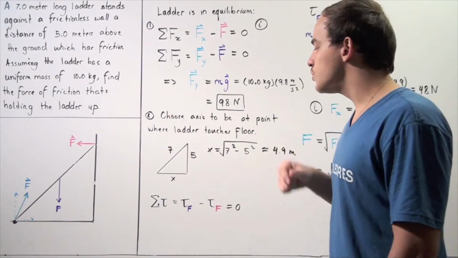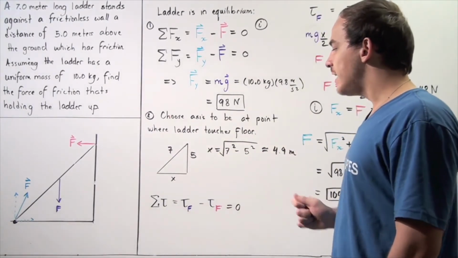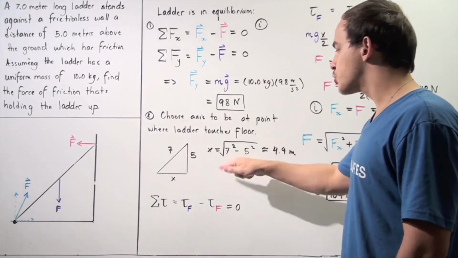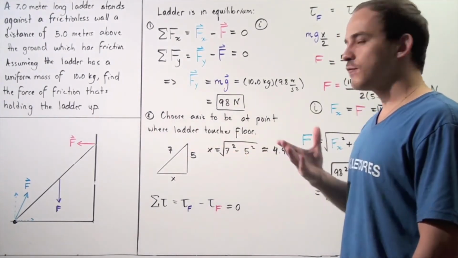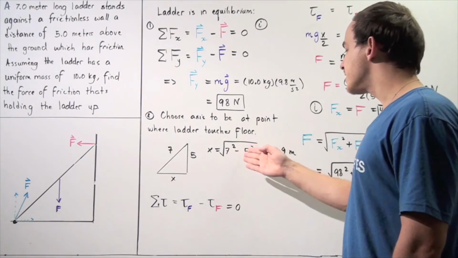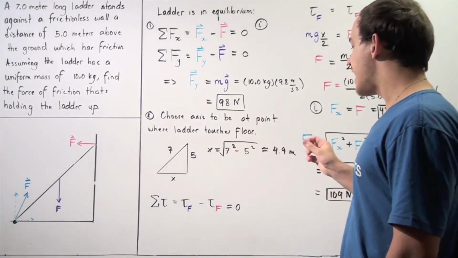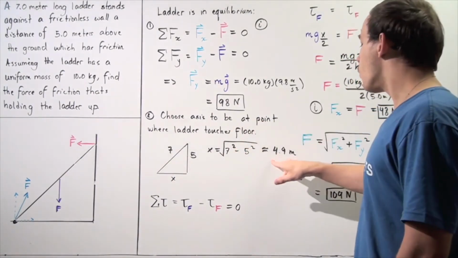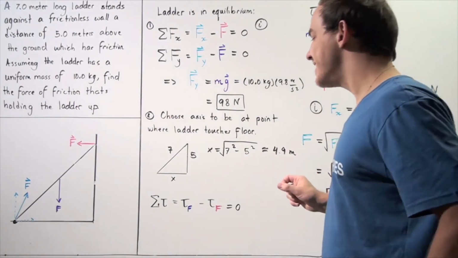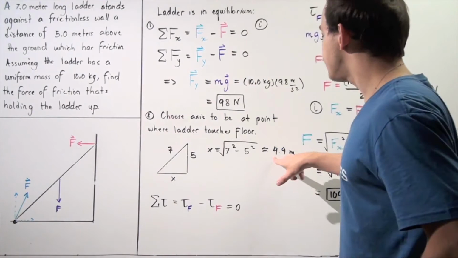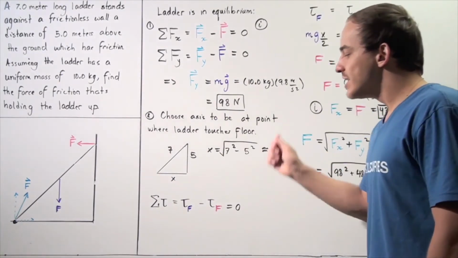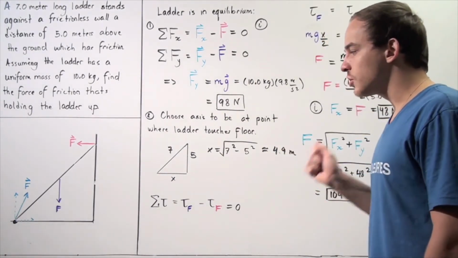So we simply use our Pythagorean theorem, and we get x is equal to the square root of the difference of the squares. So 7 squared is 49. So 49 minus 25, we take the square root and we get approximately 4.9 meters is the distance of this base. So x, which is the base, is 4.9 meters. So now let's take our torque equation.